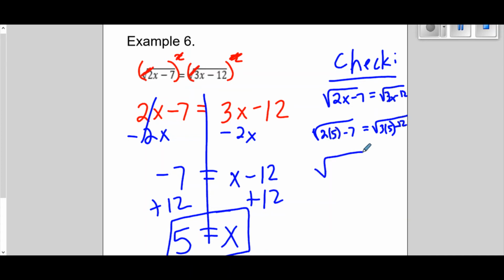So this is 10 minus 7 equals 15 minus 12. So 10 minus 7 is 3, so this is the square root of 3 equals, 15 minus 12 is 3, the square root of 3. So the square root of 3 equals the square root of 3, so this is true, so this checks. So your answer here would be 5.